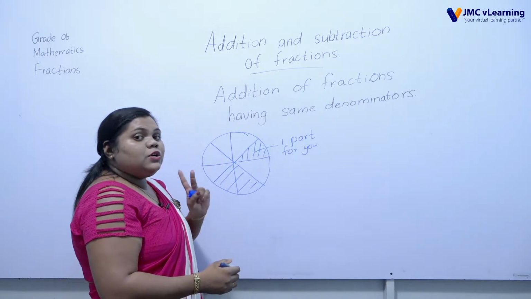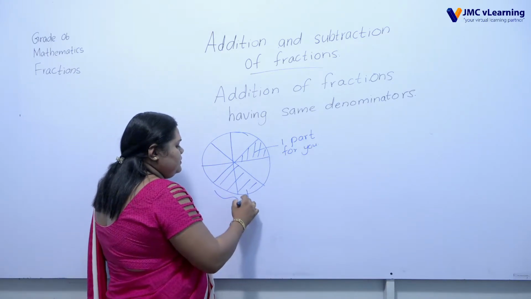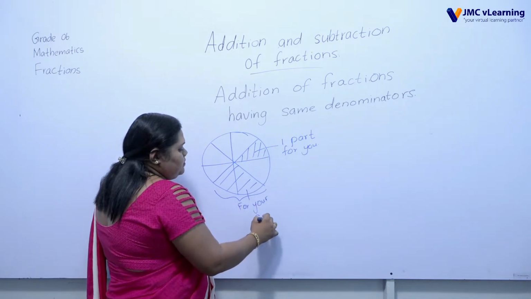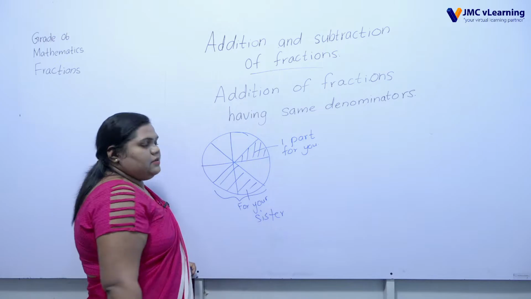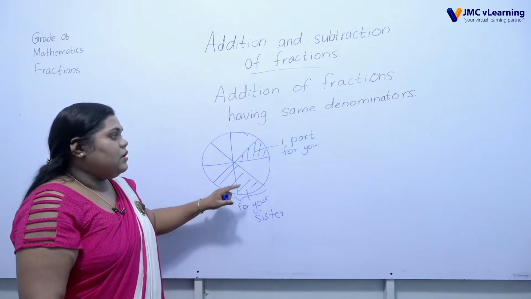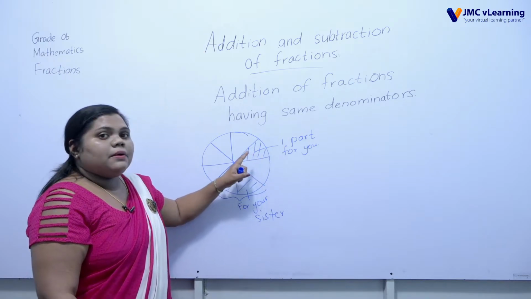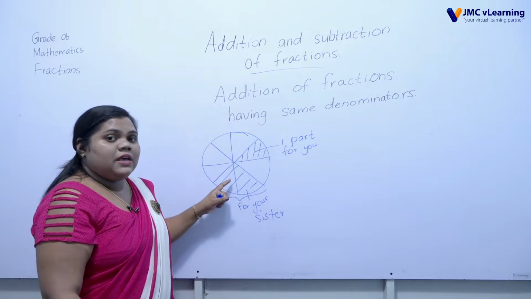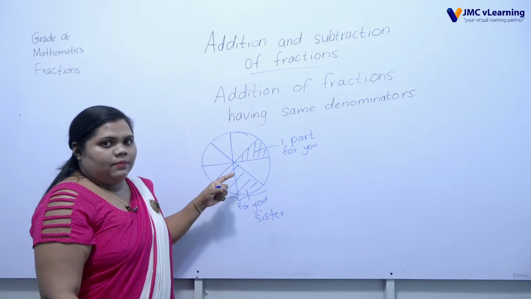These 2 parts are for your sister. After that we want to find the total amount of parts you and your sister have taken from that whole one.